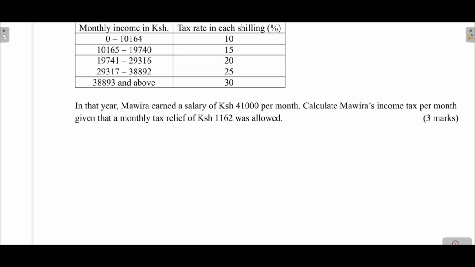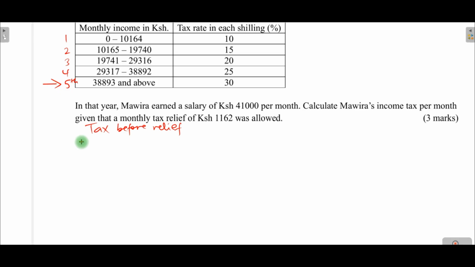So tax before relief. In the first slab, we have the first slab, second, third, fourth, and the fifth. If you look keenly into Mawira's salary, it falls up to the fifth band.